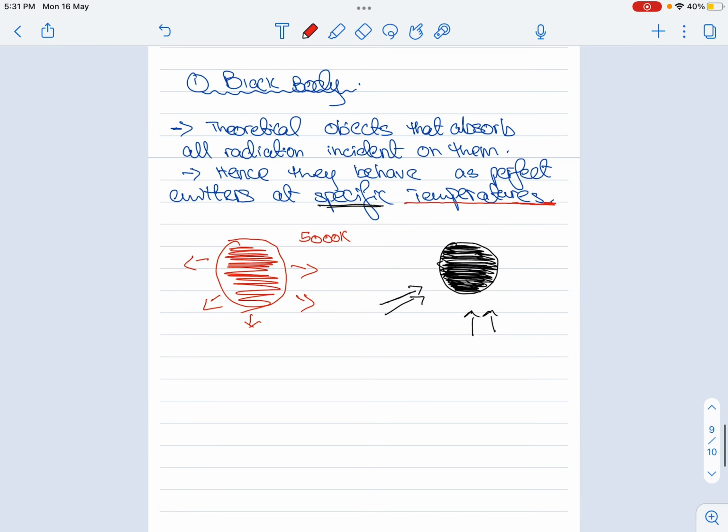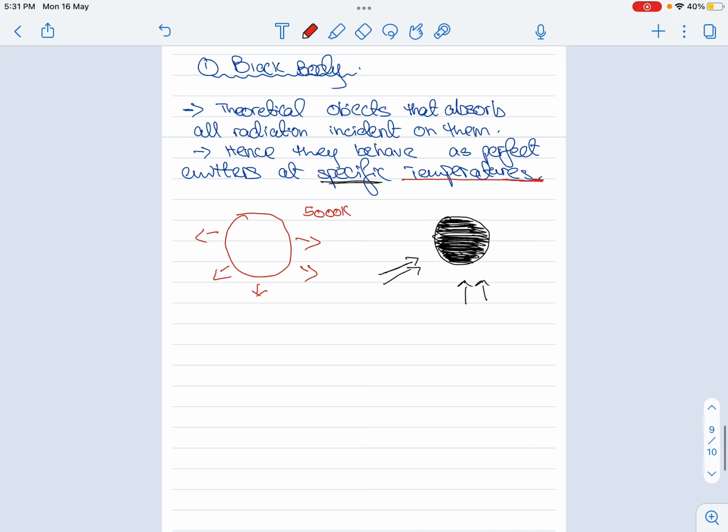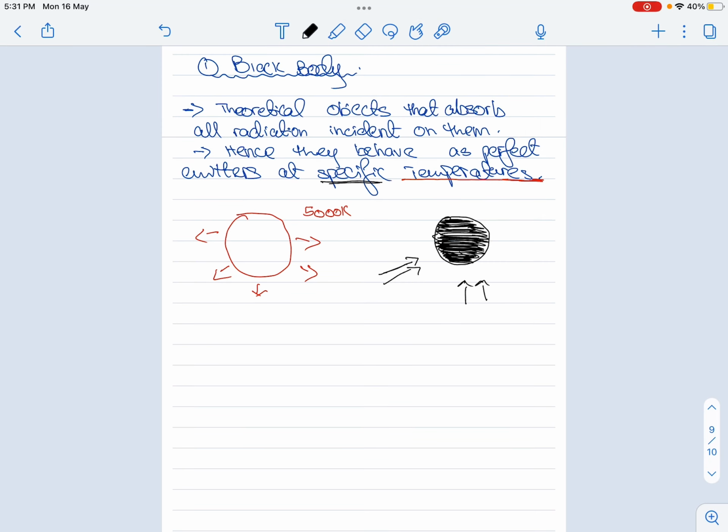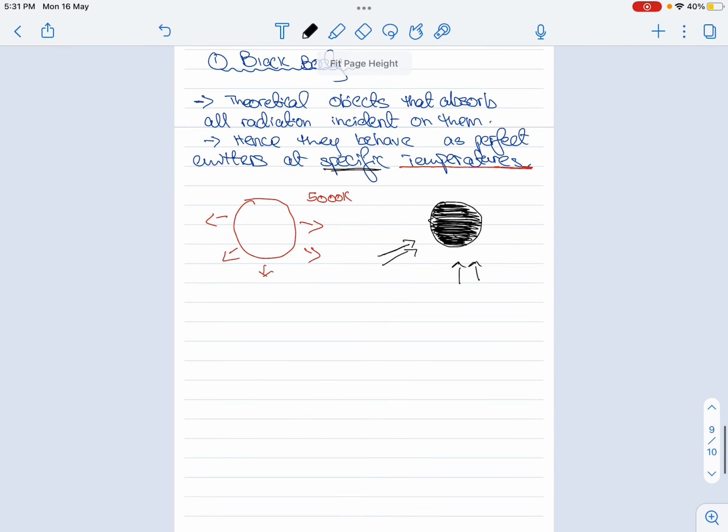So we need to know about a specific graph, and the graph is intensity against wavelength. Now this is an intensity against wavelength graph. Intensity, wavelength, right? Now the graph would be similar for all black bodies.